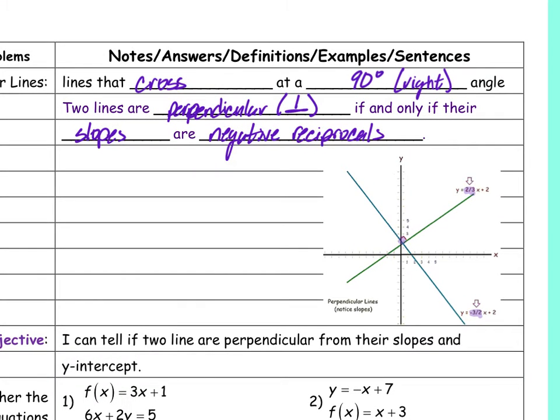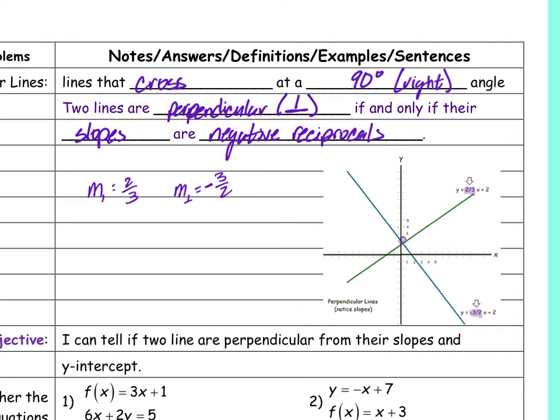So if my original slope of line 1 was 2/3, the slope of the perpendicular line should be 3/2, and then the negative of that. If my original slope is positive, let's give another example.